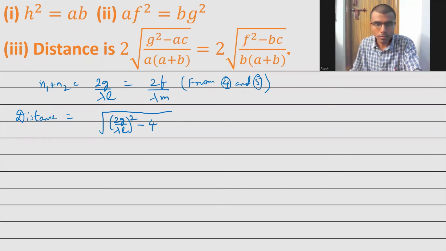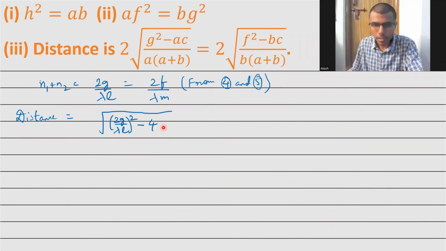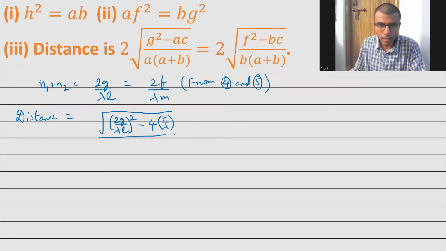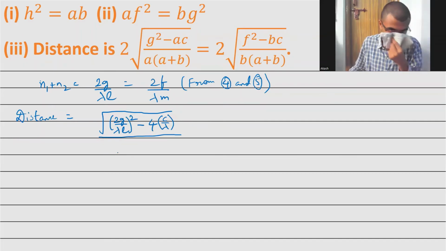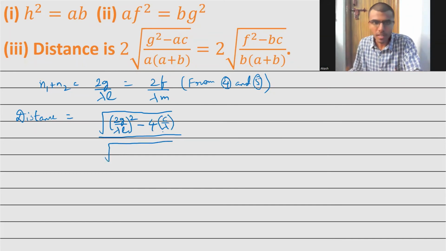What is n1n2? n1n2 is c by lambda, from 6 you can get that n1n2 is c by lambda, divided by under root of L square plus m square. See, if you observe my answer, there is no LM. There is only AB.